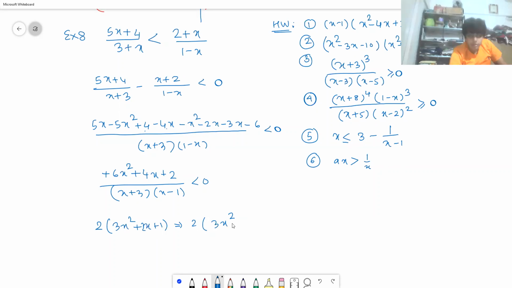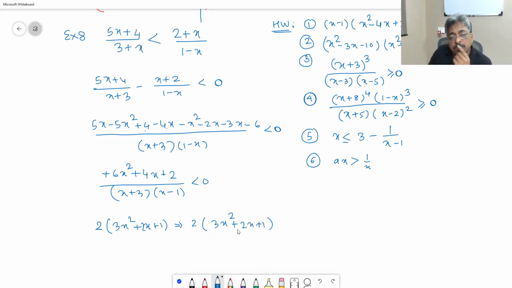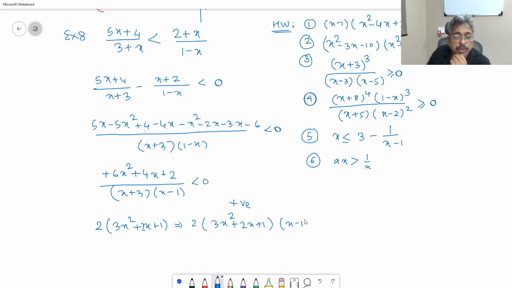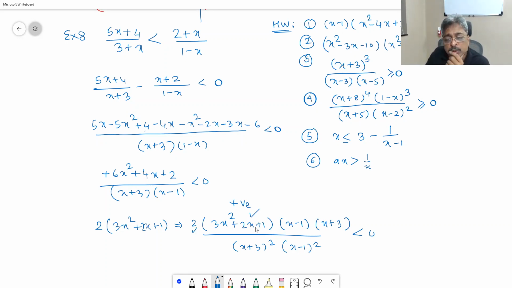Sir, it cannot be factorized, actually. 3x square plus 2x plus 1 is always positive. So multiply by (x minus 1)(x plus 3), which makes the denominator (x plus 3) square minus square, should be less than 0. This is positive, forget about it. This is positive, forget about it.